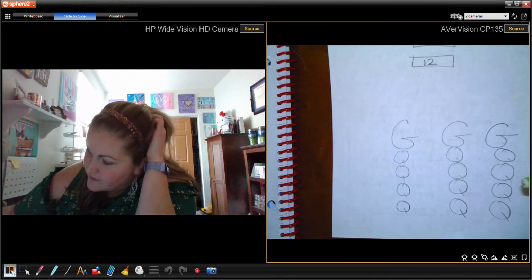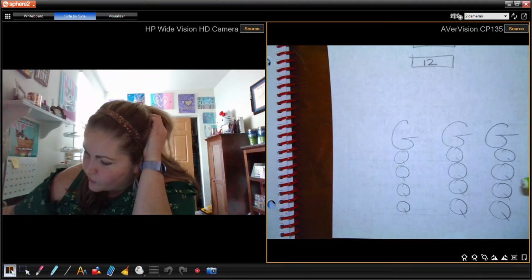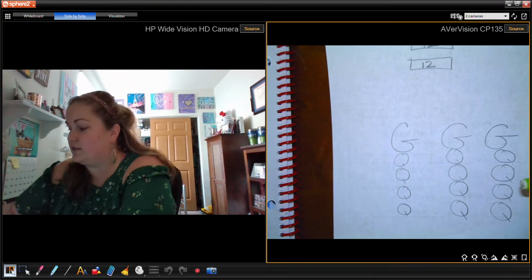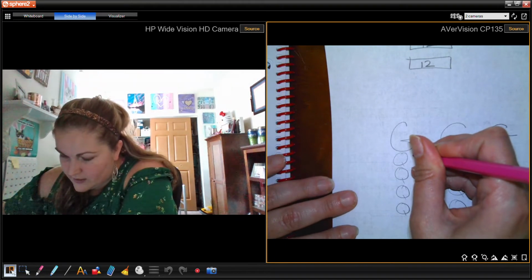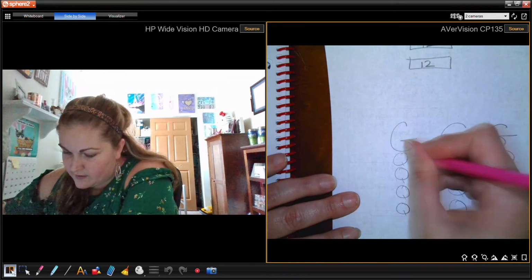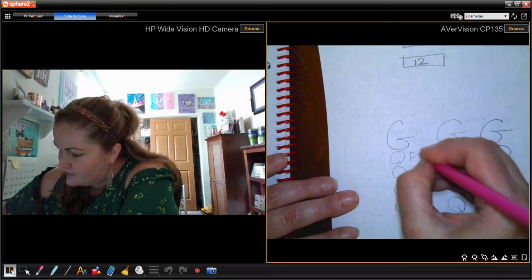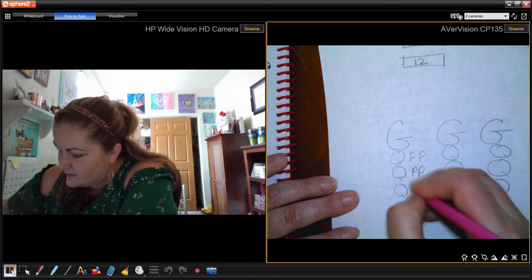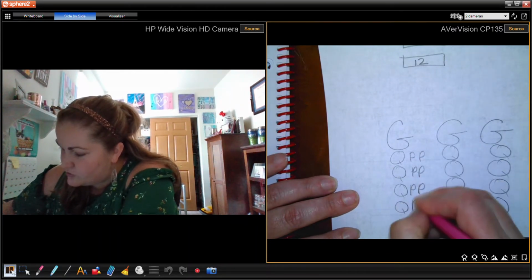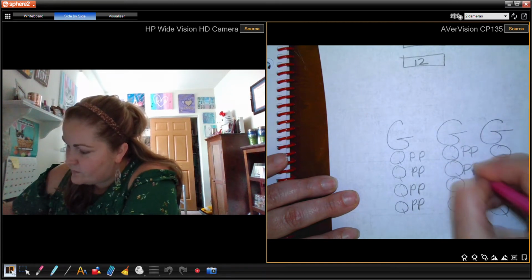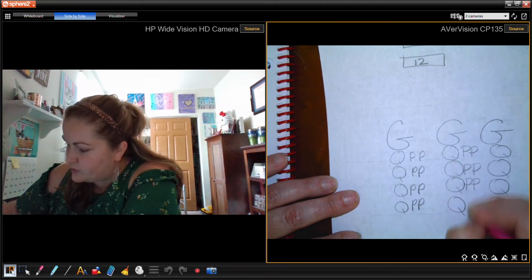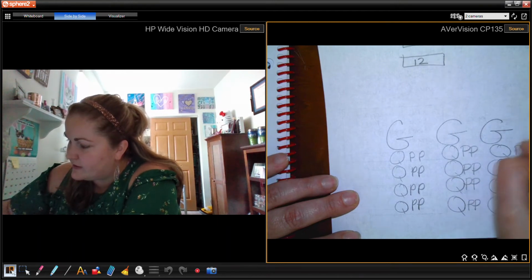So then I'd have to think, okay, quarts, I can change my quarts into pints. So it'll get a little confusing. So every quart is 2 pints. So this is 2 pints, this is 2 pints, and so on. Probably should have done this a little bit differently.